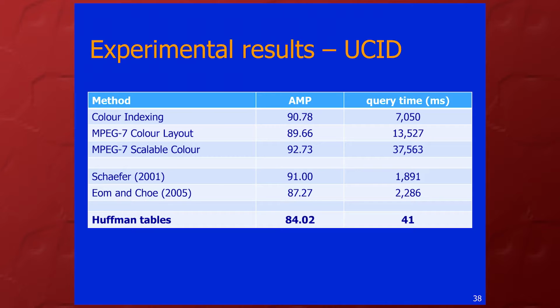But the huge difference is here, the query time. So here there's an online image retrieval scenario. We've got a query image. We want to match it against a database. This was, I think, a database of about 1,500 images. And this is the time that it takes to perform that. That means comparing it to all the images in the database, for each image extracting the features and performing the feature comparison. And here you see a huge, huge difference.